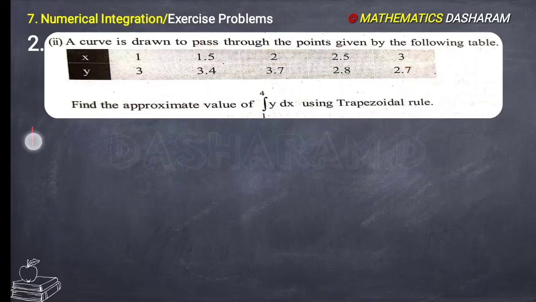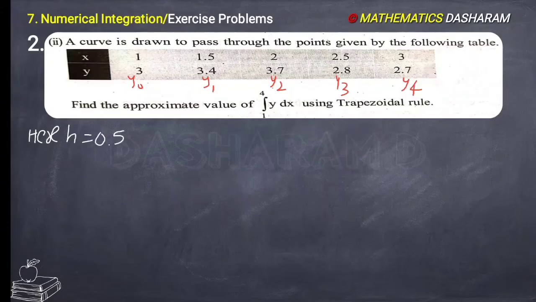It is very clear that every number increases by 0.5 from its previous number. So the h value is 0.5. Next, consider this as y0, this is y1, this is y2, this is y3 and this is y4.